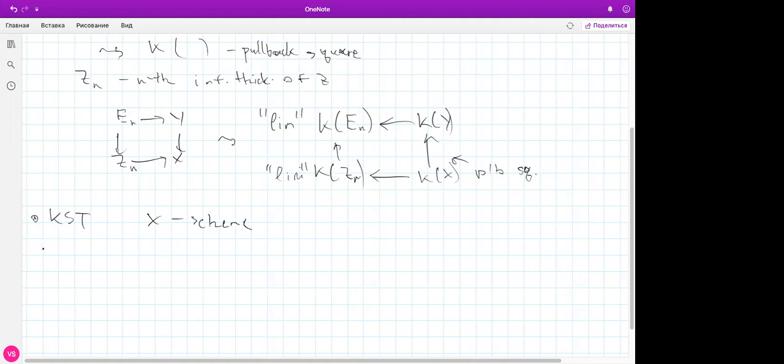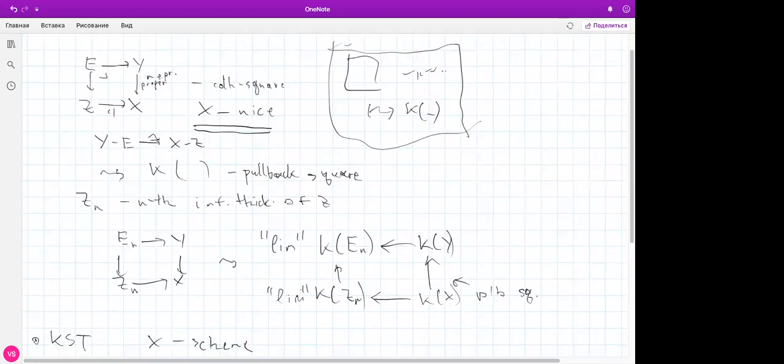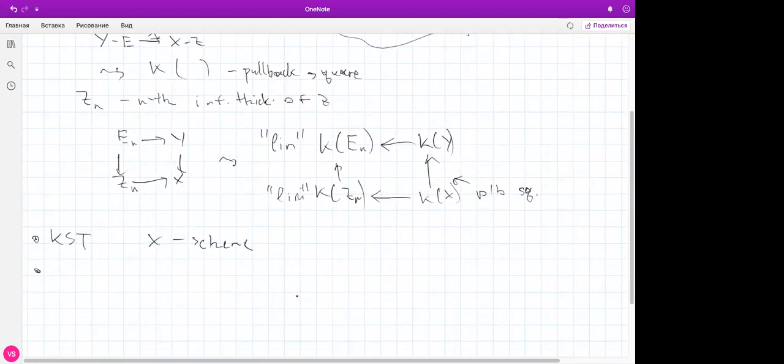Before this, there were different results proving actual descent, this kind of statement for regular K-theory, not for pro-K-theory. But instead of K-theory, one considers something else, like homotopy K-theory, or you can consider K-theory with the characteristic of the base inverted, whatever your base is.